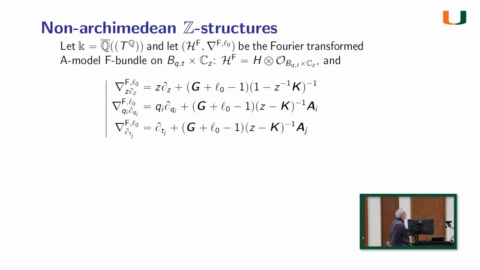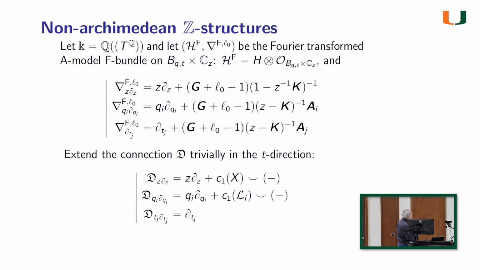Now separating in the B direction, separating the directions that have pole and the directions that do not have pole. And you can extend the connection D that I wrote. So there were no T's in the connection D. It was only on the small part of the Frobenius manifold. But you can extend it everywhere trivially. Sorry, this is a typo. It should be no T_J here. It's just the trivial connection in the T direction.